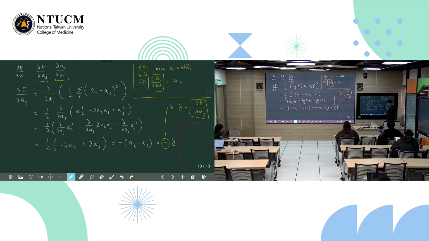Therefore dE by dW is equal to minus delta.